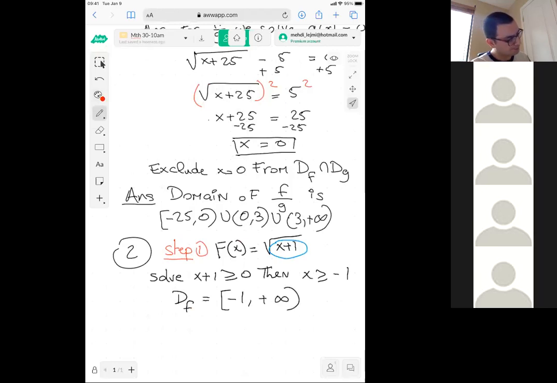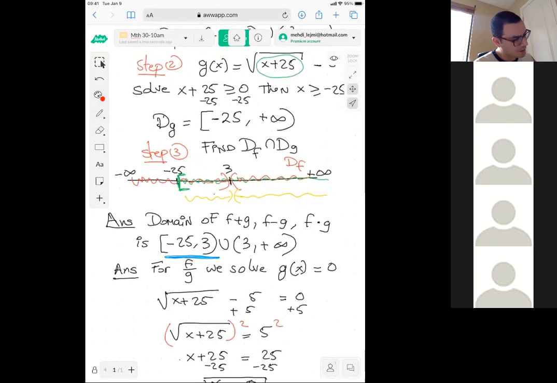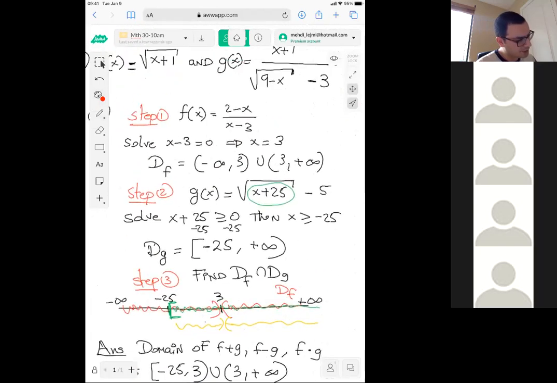Now, step 2, the domain of G. So let's see what G is. Where is it? Number 2.